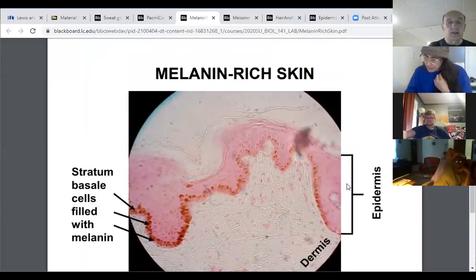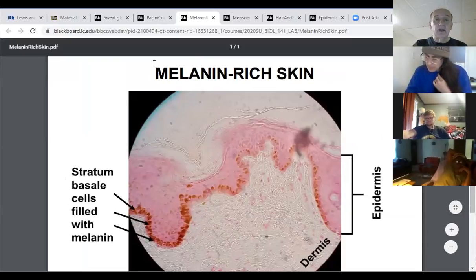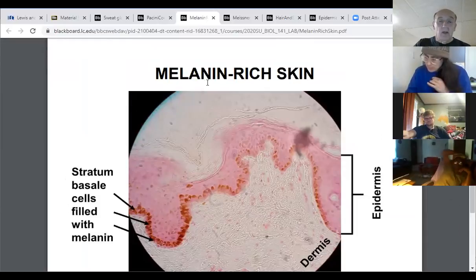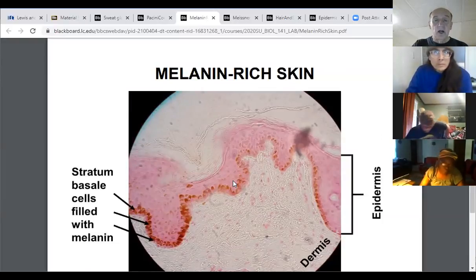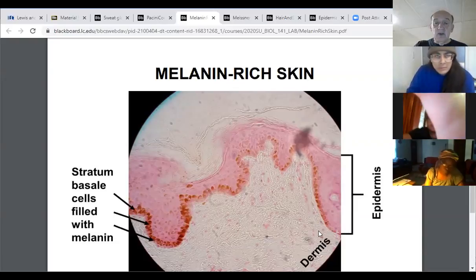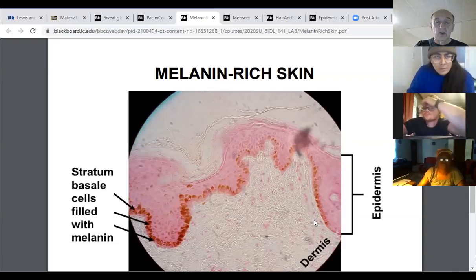This color is naturally brown. Melanin is an organic chemical made by melanocytes. So melanocytes don't show up. They will be residing right here in between the stratum spinosum and stratum basale cell layers. You can see the dermis labeled here. This is the region of our skin here, the dermis.